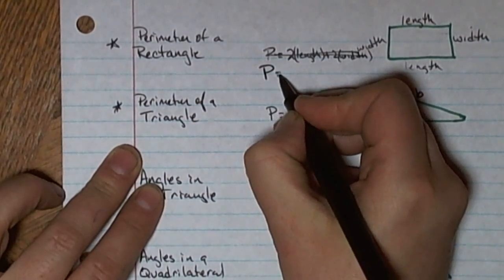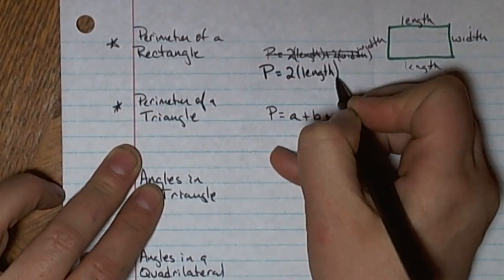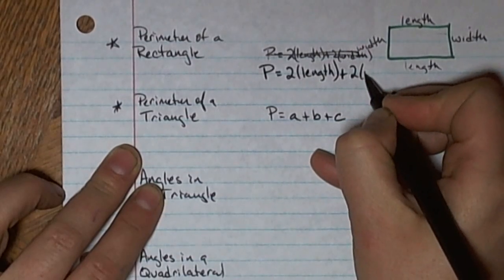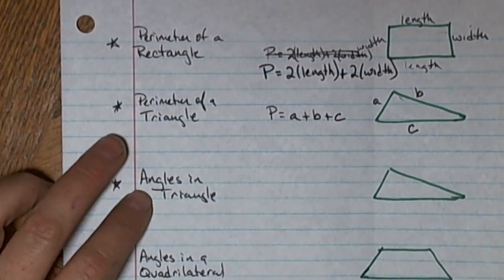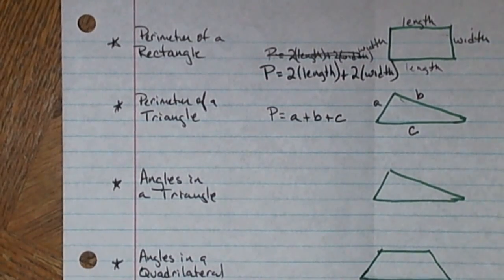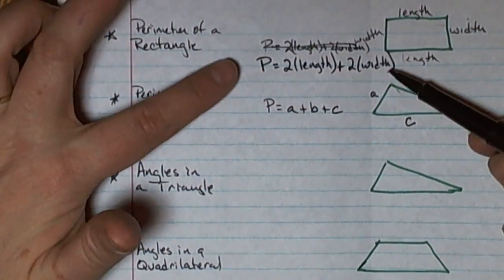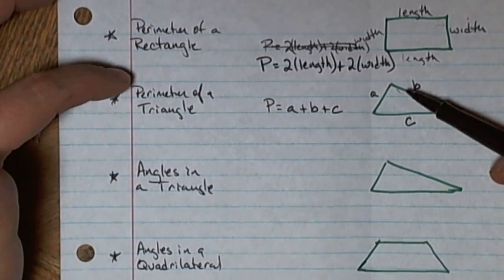Perimeter of a rectangle is 2 times the length plus 2 times the width. So there's 2 lengths and 2 widths. All right, those are the two that we're going to come up against when we're working on some problems.